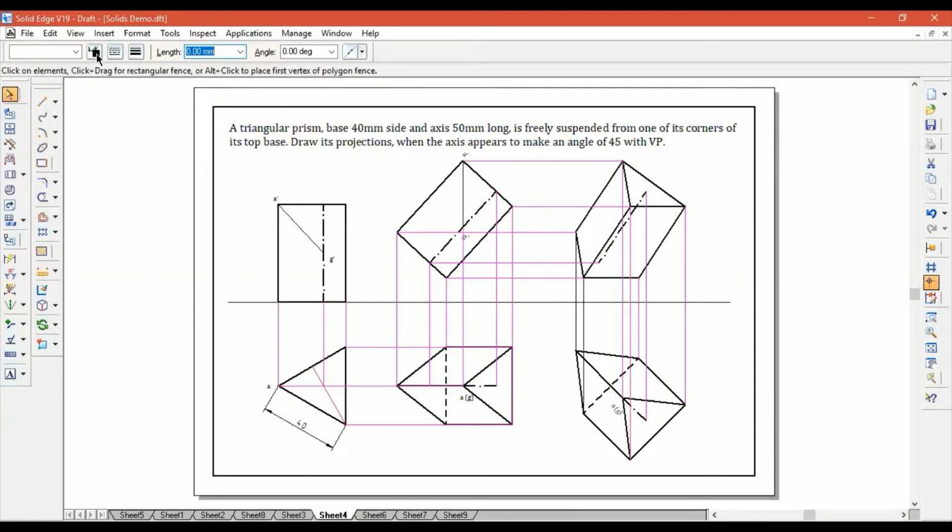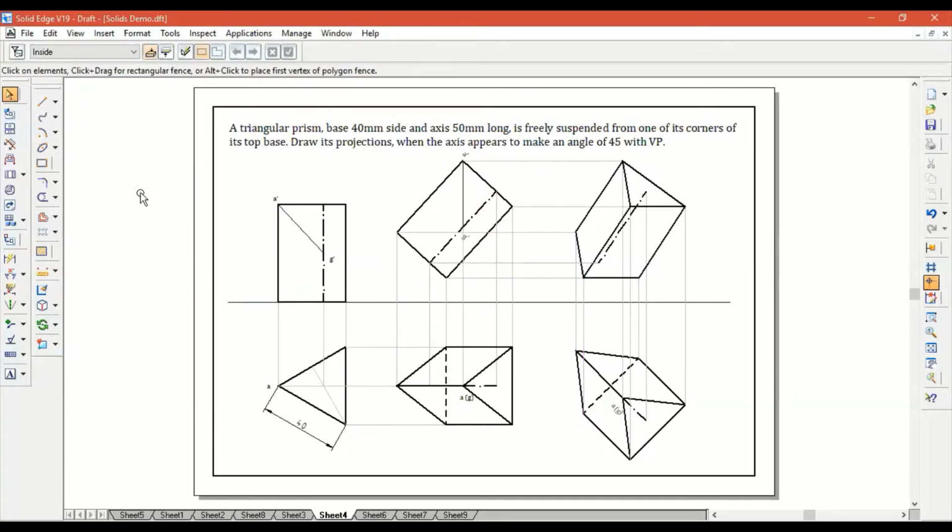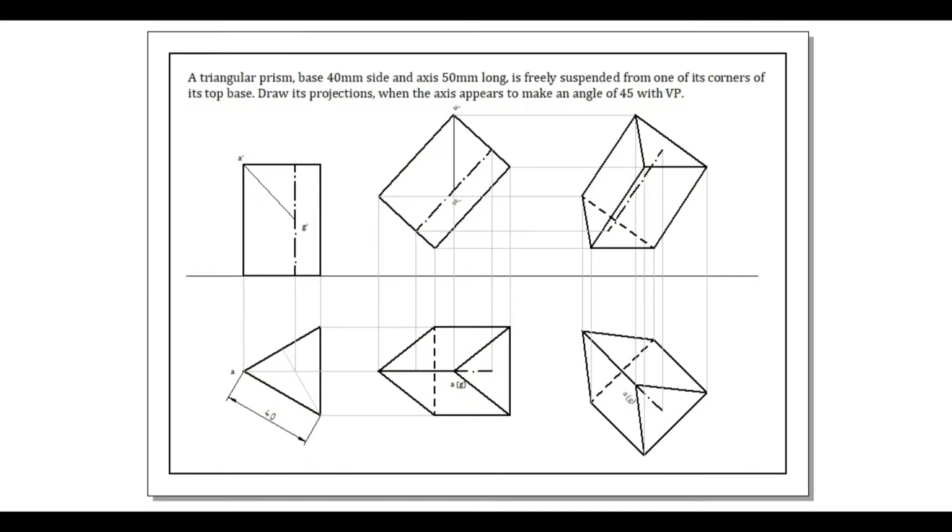Not necessarily gray, what I meant was that the sketches you've drawn, the objects, the solids, the planes should be distinct from the projector lines and the construction lines.